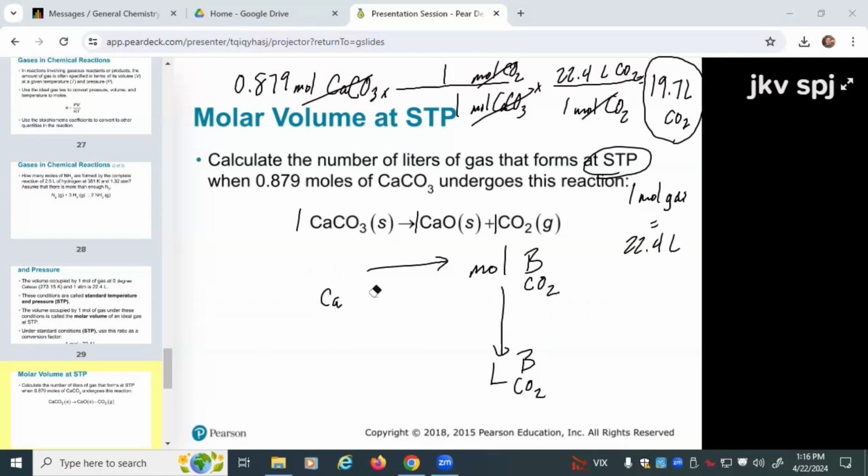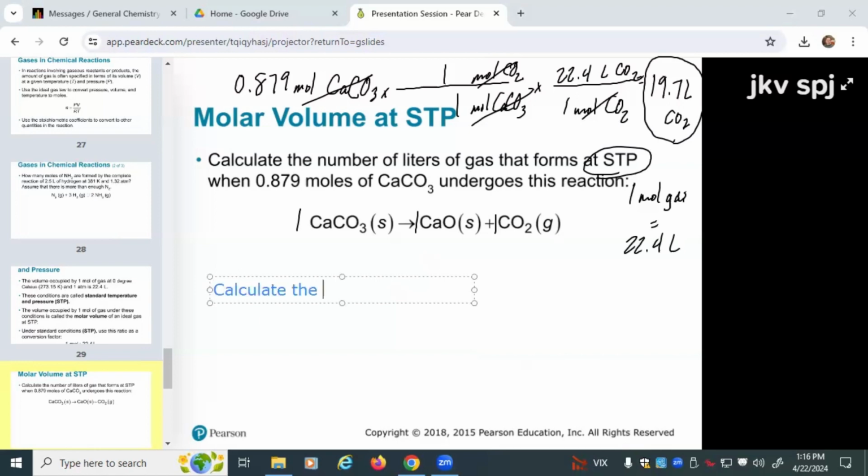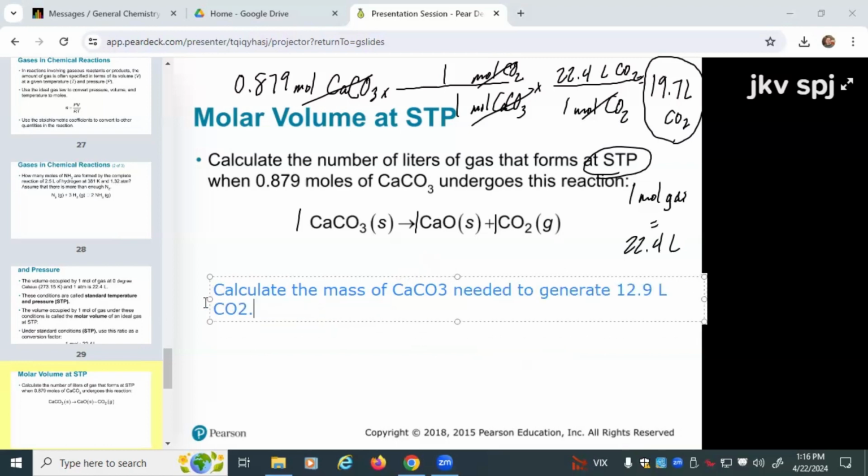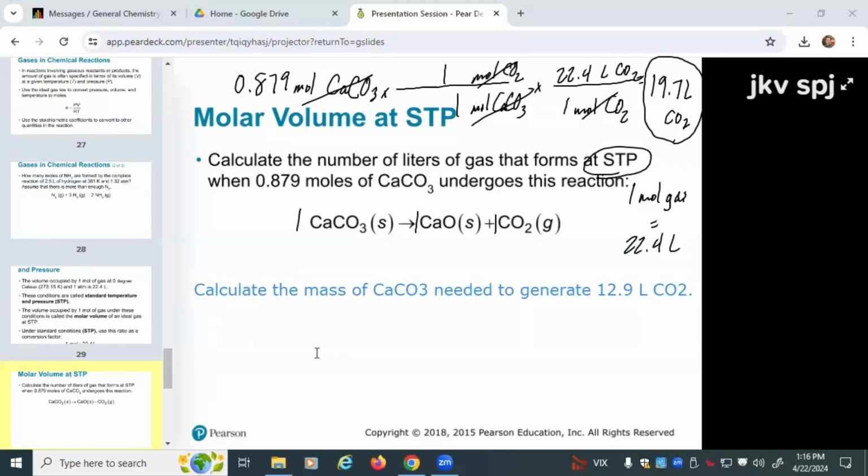Okay, so if we had a problem like this instead, where instead of trying to figure out how much carbon dioxide was being made, you're trying to work backwards to figure out how much reactant we had in the first place.